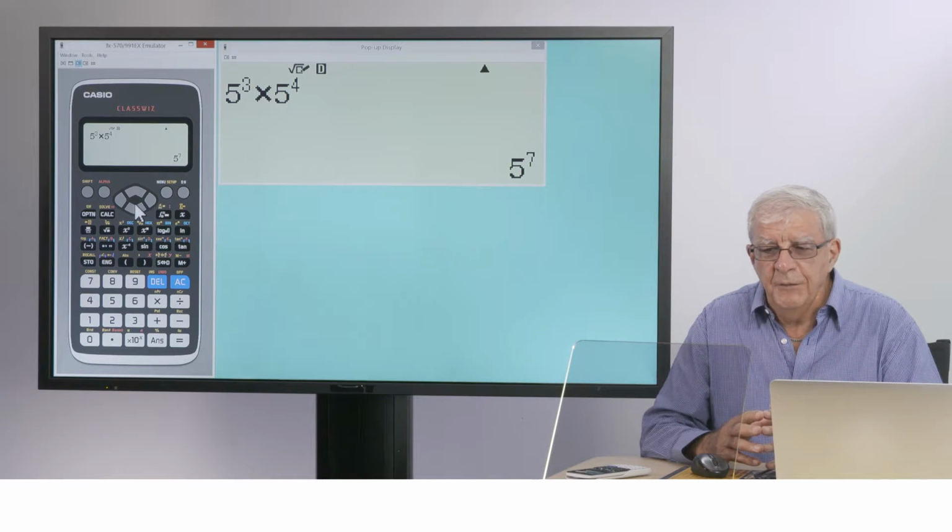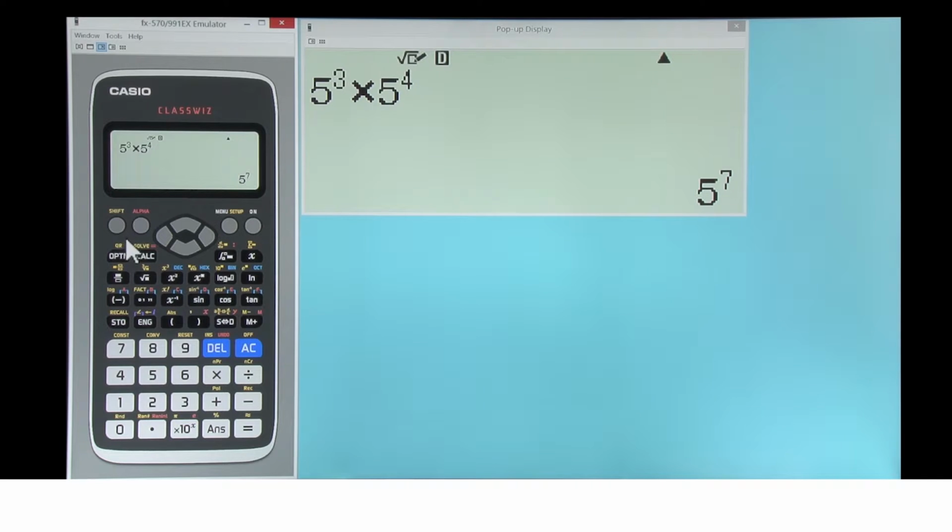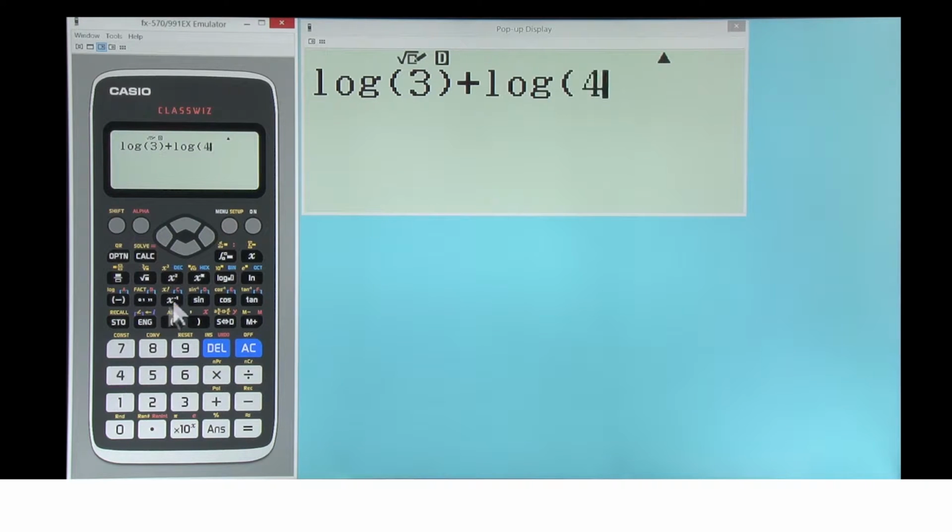So in this particular case, you could test this out for yourself, or students could test it by getting the log of 3 and adding that to the log of 4, say. We add those together, we get a certain result. That's the same as the log of 12.